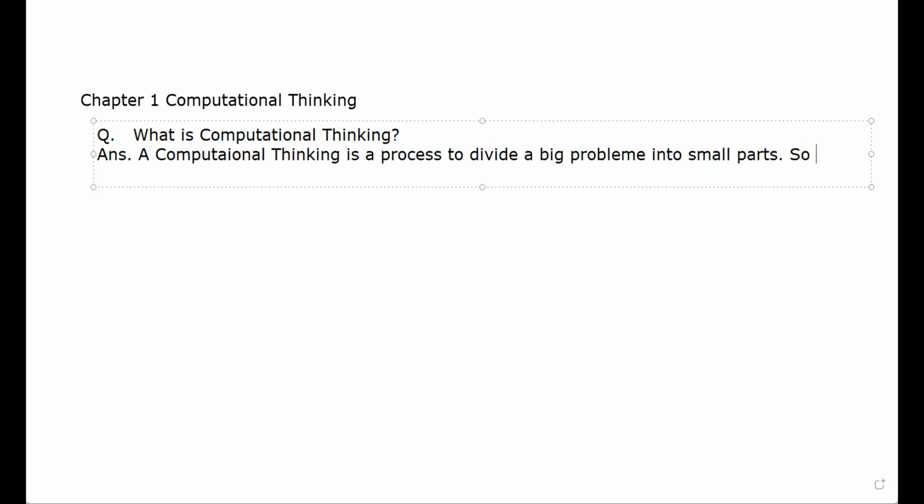So we should follow some technique to solve the problem.